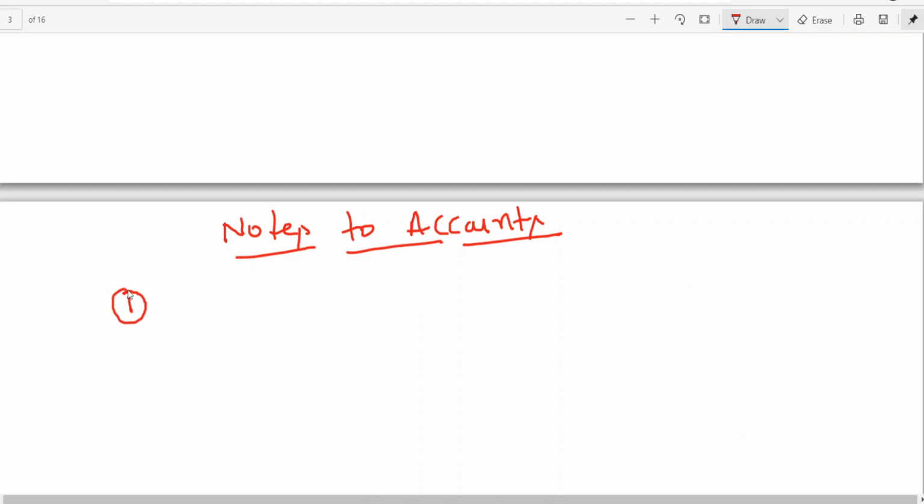Notes to account. First part is share capital. I'm not writing the major heading. Major heading is shareholders fund. Under that, subheading is share capital. Share capital is of two types, equity and preference. Here we are having equity share capital.